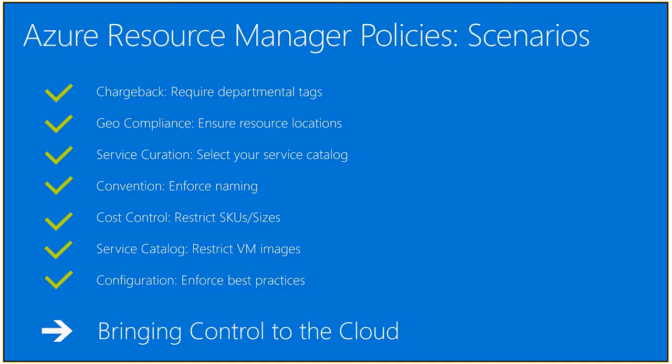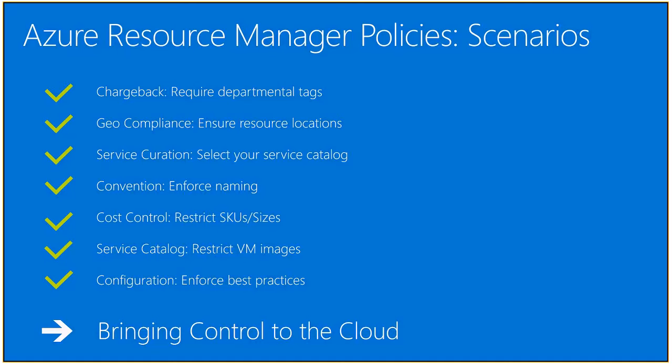Naming conventions: sometimes you want a good naming convention for all your resources, and this is the way you can set it. Cost control: you can restrict the SKUs, such as VM sizes and storage account types. So it basically covers most major resource types.